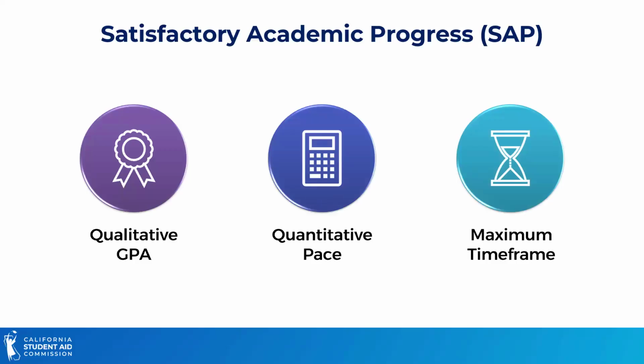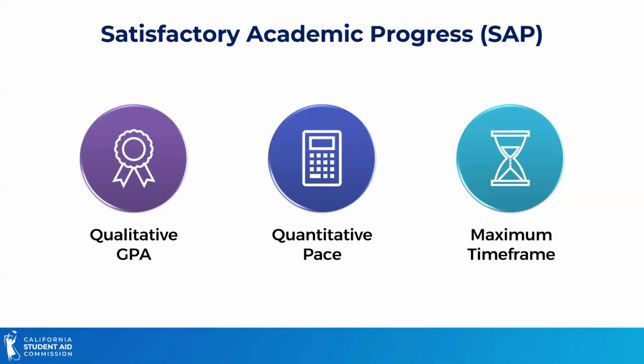So students must maintain SAP in order to keep receiving Cal Grant. SAP standards are established by the School of Attendance and should be in compliance with the federal minimum standards and those set by Assembly Bill 789, which I will talk about on the next slide.